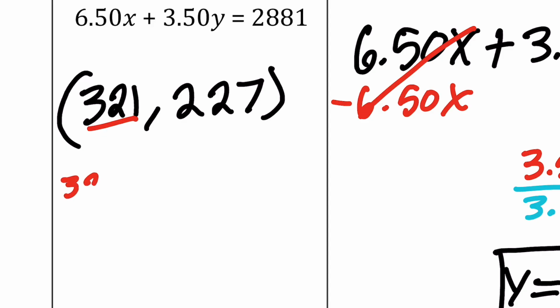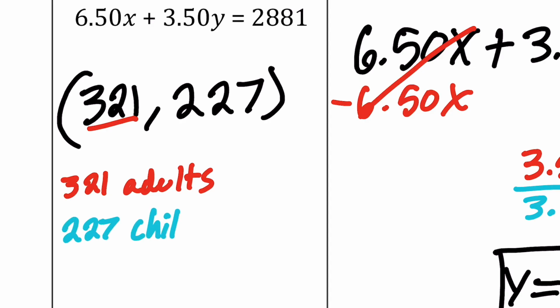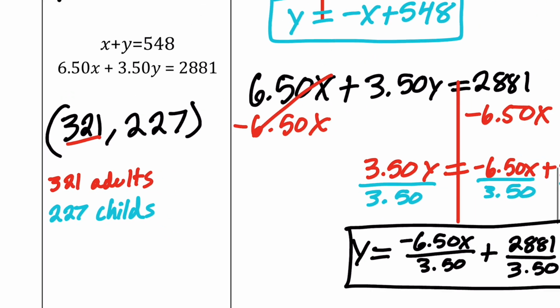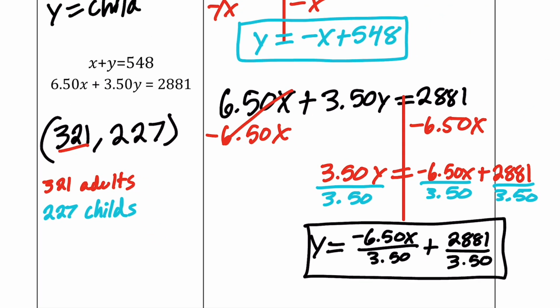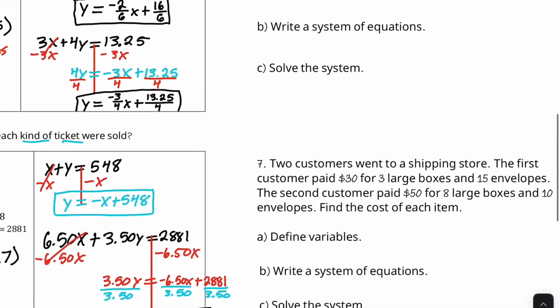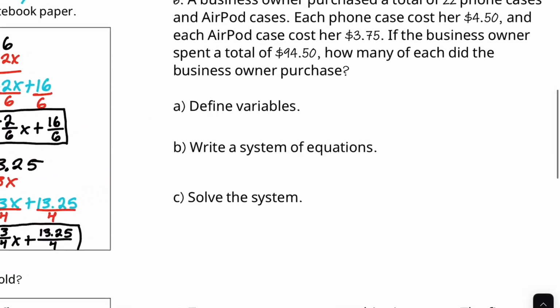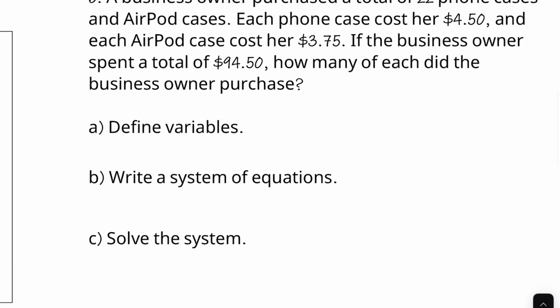So 321 adult tickets were sold, and 227 children or child's tickets were sold. All right, there we go. We got our second problem done. Let's go ahead and let's keep talking about how these kind of go all together.